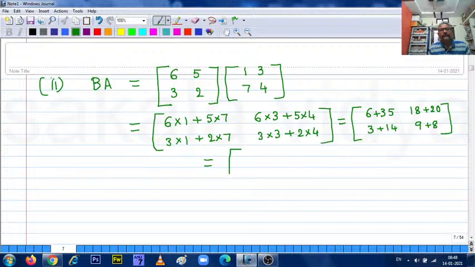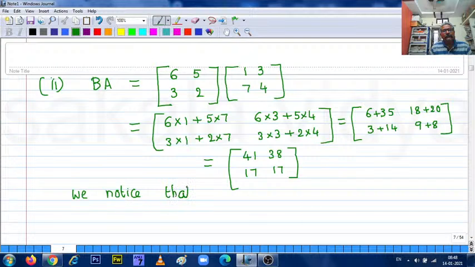This equals 41, 38, 17 and 17. Yes, absolutely correct, Nana. So now we notice that AB is not equal to BA.